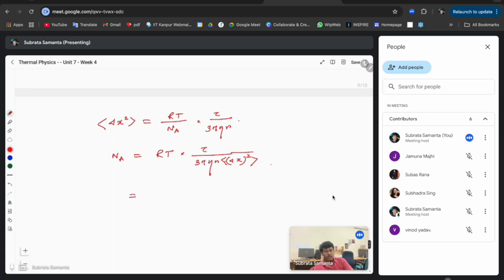So what is the value of R in SI unit? Since I am using SI unit, the value of R is 8.314, times the temperature 293.